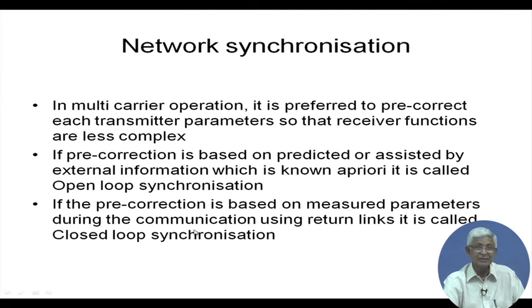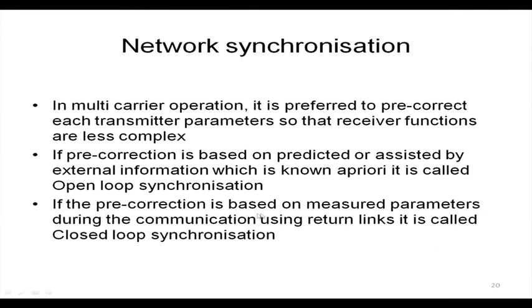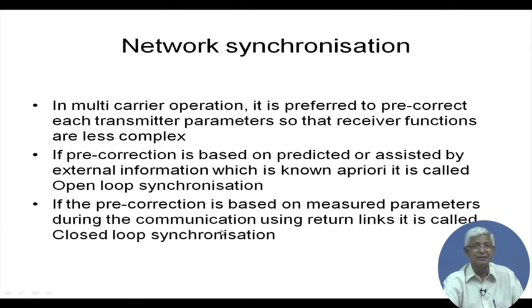And if the pre-correction is based on some measurement by each of the transmitters, based on parameters measured during communication, one of the important measured parameters is how long it takes to reach the satellite, that distance. During that time, whether my frequency is changing or time is changing or the distance is changing, the delay is changing. So, you do the measurement.